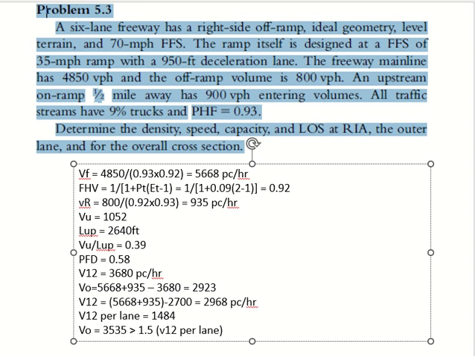So how much is that? Because the F also included VR, right? Yeah, yeah. 3903. Okay. Then per lane is how much?